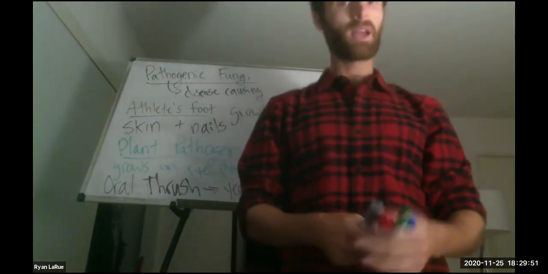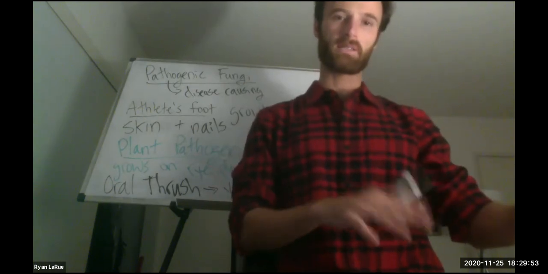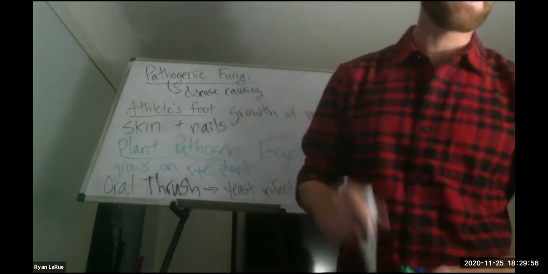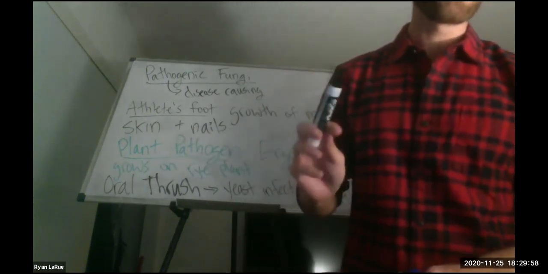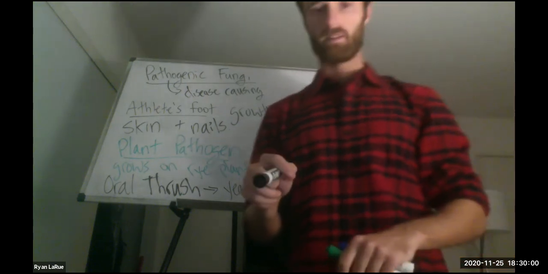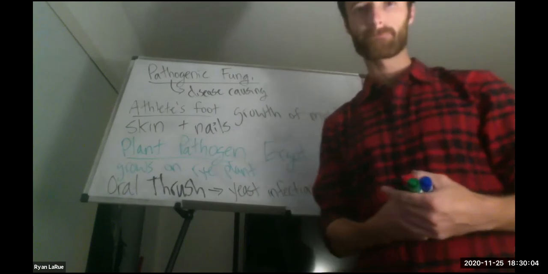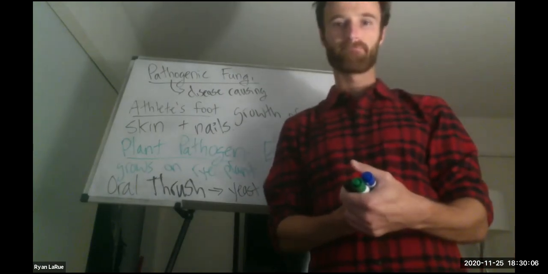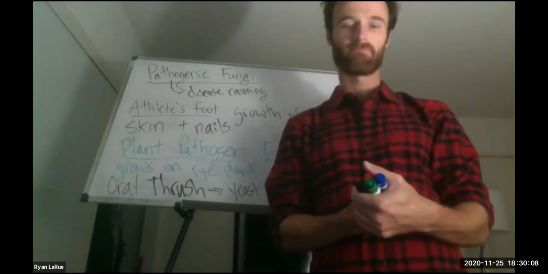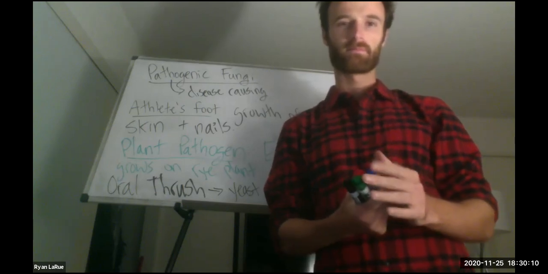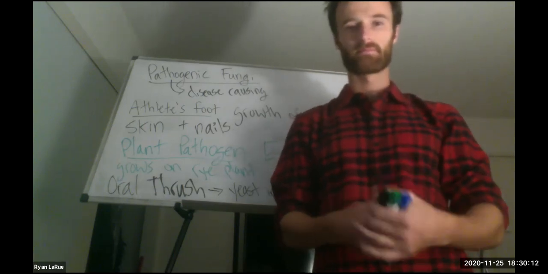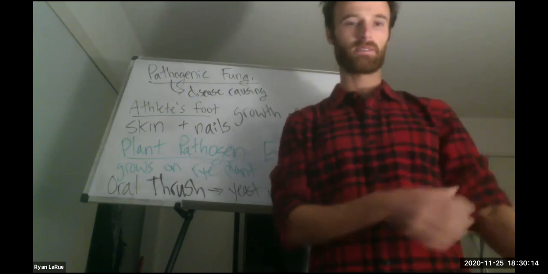So endosymbiotic theory. This is going over last lecture too. Endosymbiotic theory describes the origin of two eukaryotic organelles. What are they? What two organelles?